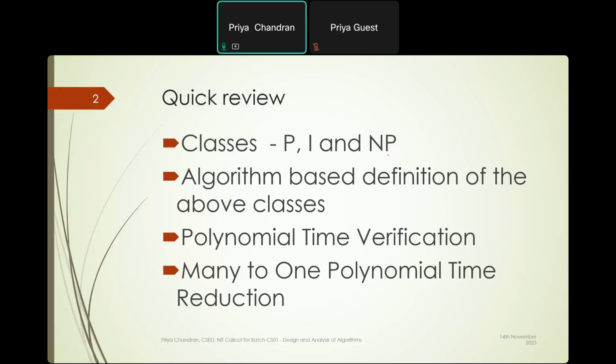Then we had said that apart from all this, we could think in terms of NP. That is, what can a non-deterministic Turing machine do.